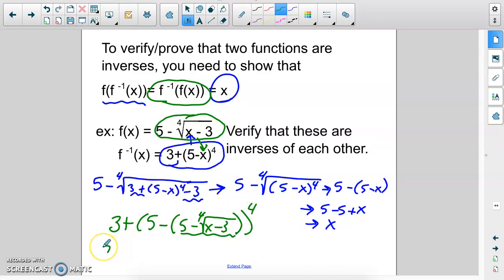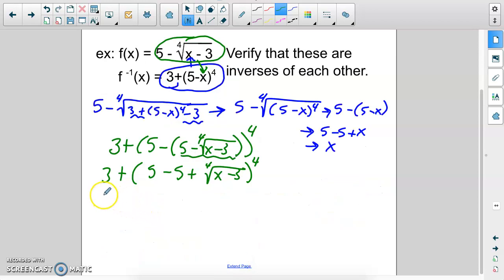So all of this is in place of the x. So let's simplify. Inside the parentheses, we're going to distribute that minus sign, so minus 5 and then plus the 4th root of x minus 3. And that whole thing is to the 4th power. And then inside the parentheses still, we're adding the 5 and the -5, and they'd add up to 0.